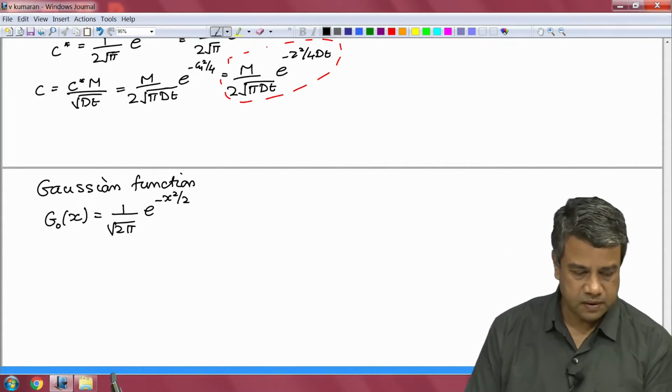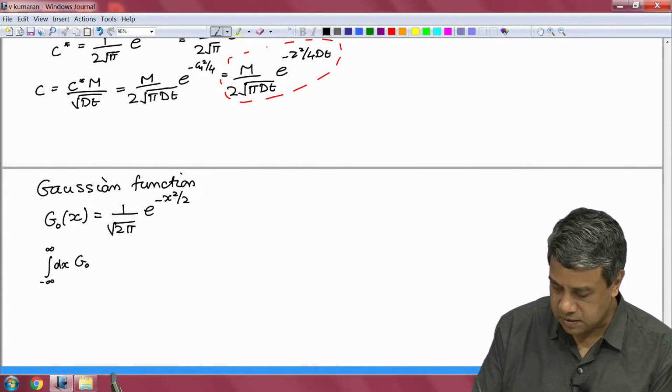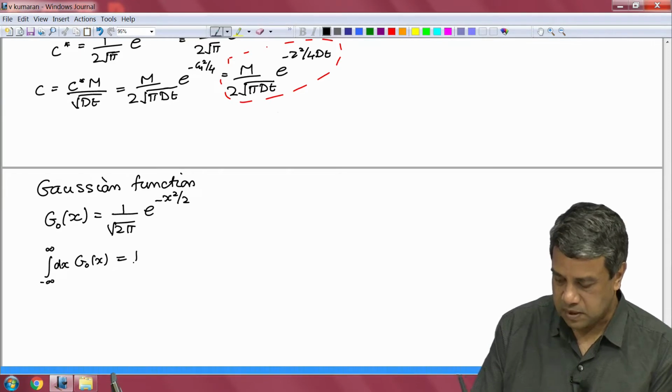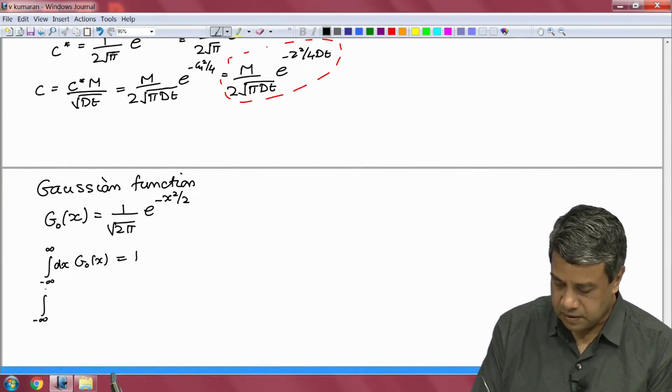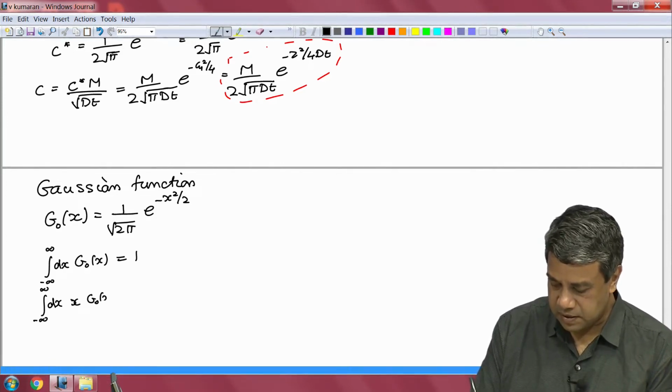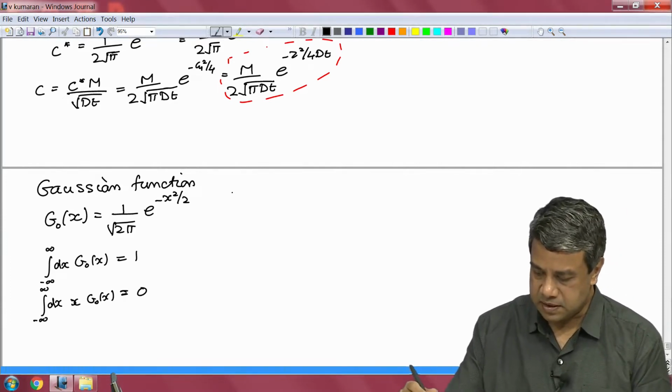It has the following properties: the integral from minus infinity to infinity of g naught of x dx is equal to 1. It is normalized. The integral from minus infinity to infinity of x times g naught of x dx is equal to 0, because this is a symmetric function.